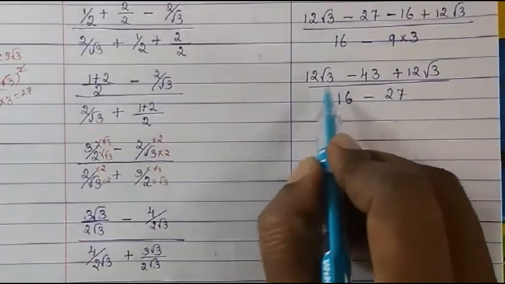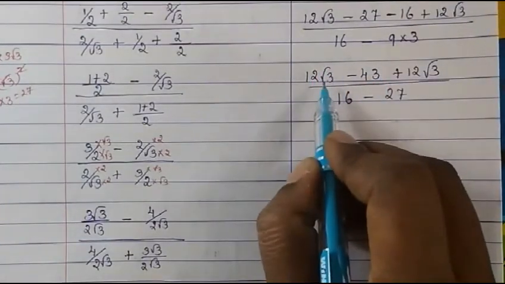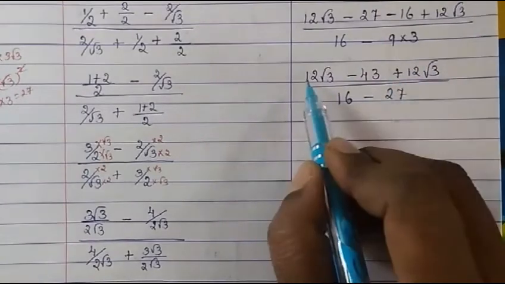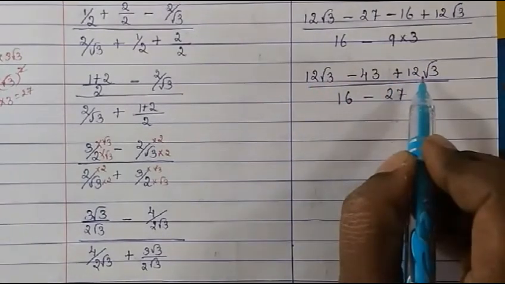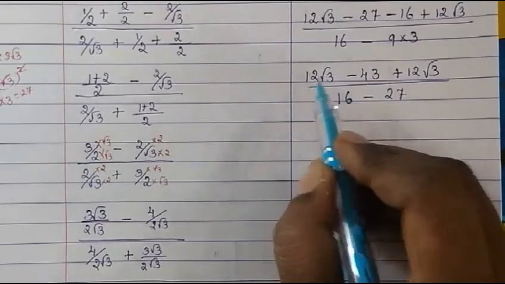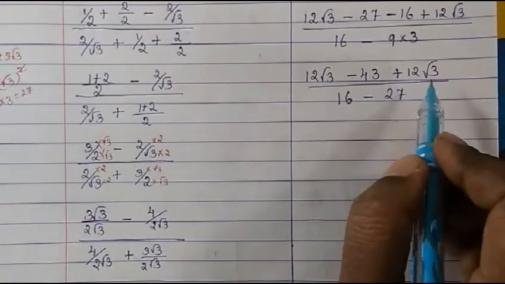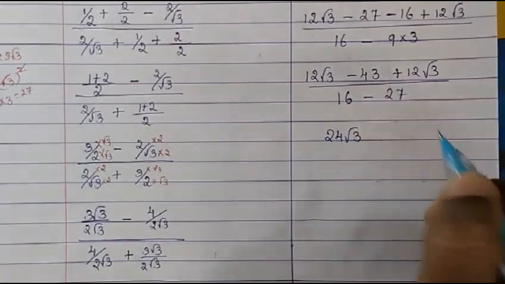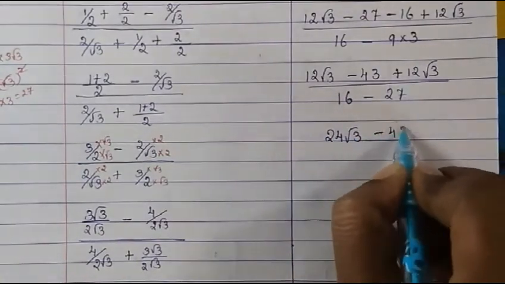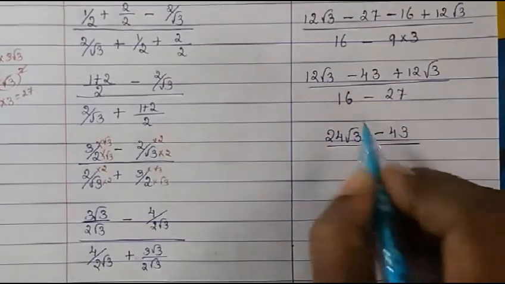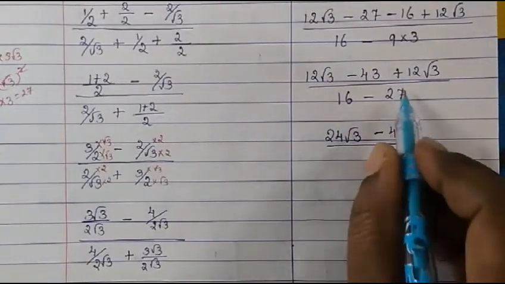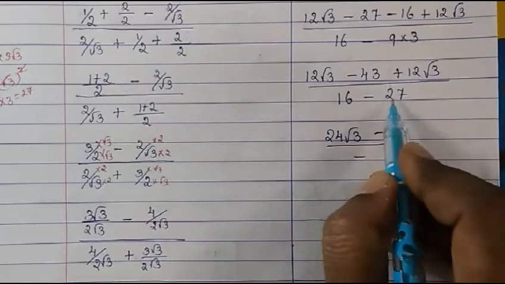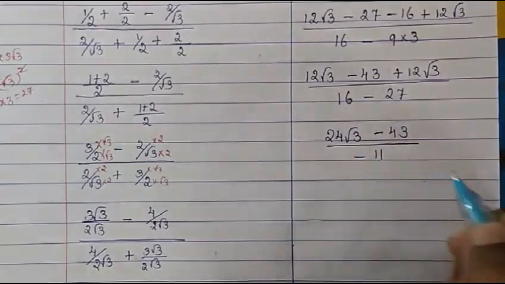So now you see here 12 times root 3, here 12 times root 3. So when you sum up, this is also plus, this is also plus. So 12 times root 3 and 12 times root 3, when you sum up, you will get 24 times root 3. Then we have minus 43, 16 minus 27. So minus 27 is the biggest number, so the minus sign will come. Then if you subtract, you will get 11.